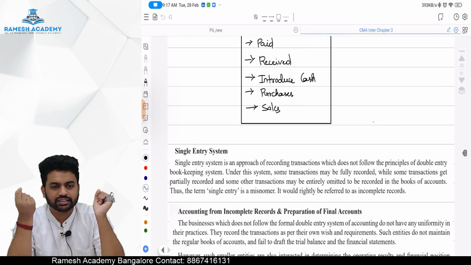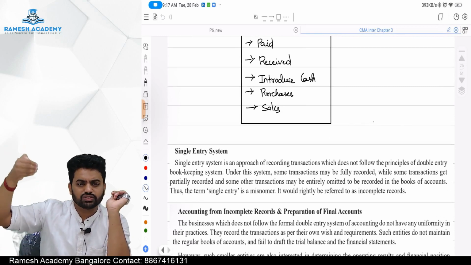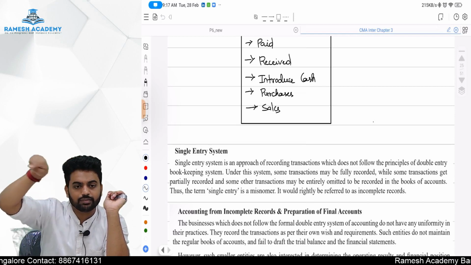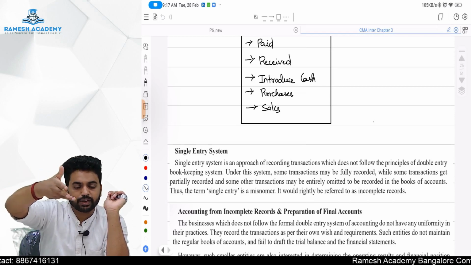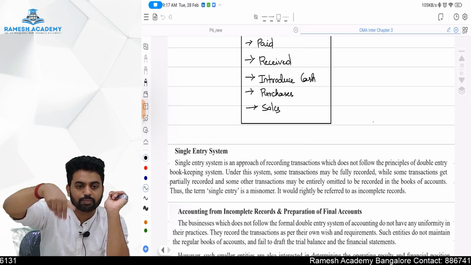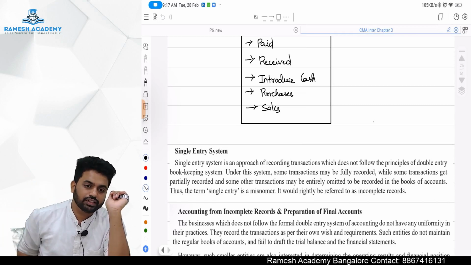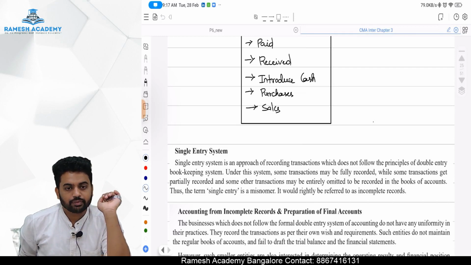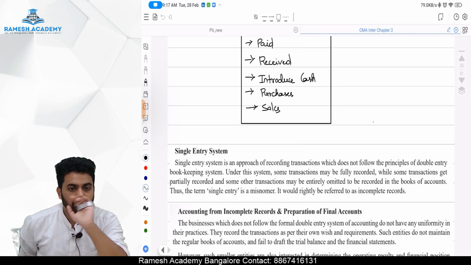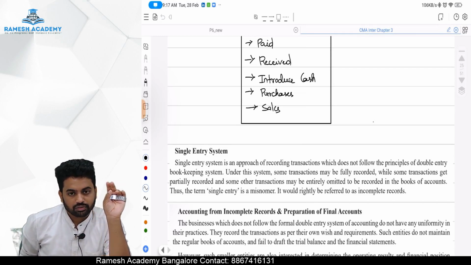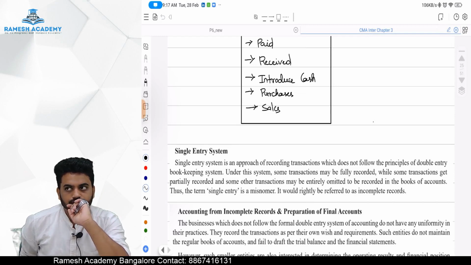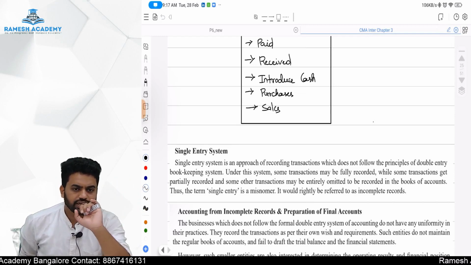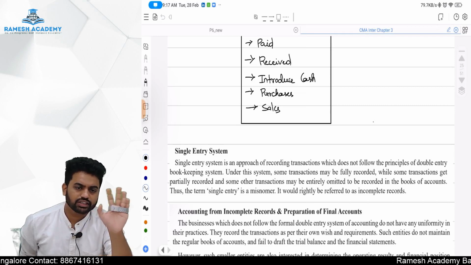What I mean by single entry is that only certain items will be maintained. Logically we are not maintaining debit and credit. When Mr. J pays cash to Mr. A, the entry would be Mr. A's account debit to cash account credit. But here we are not recording it that way.